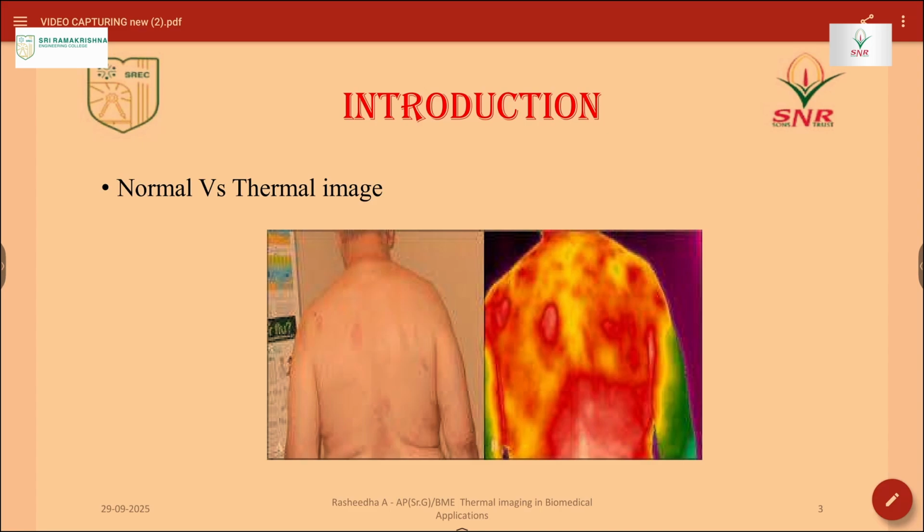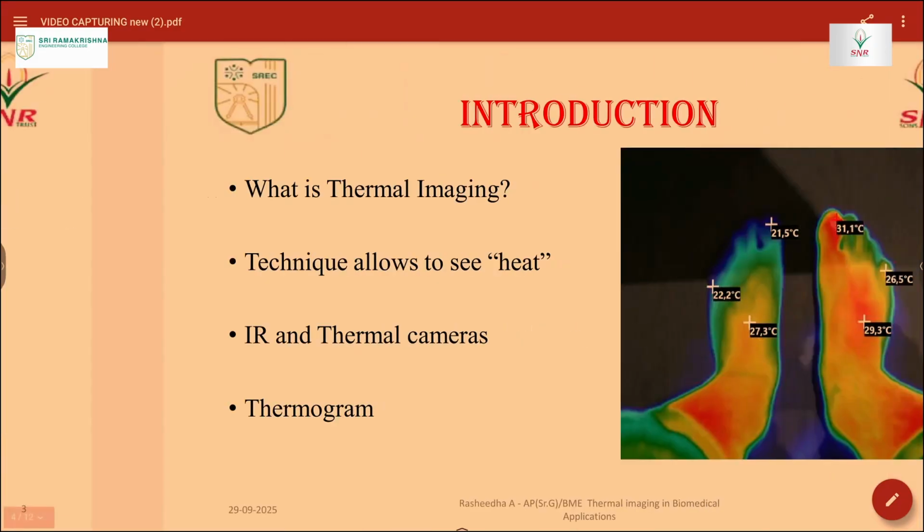It is widely used in medicine, surveillance, firefighting and industrial inspections. Thermal cameras help to detect faults, monitor human body temperature and enhance safety. Overall, thermal imaging provides a non-contact, real-time method of visualizing heat patterns.